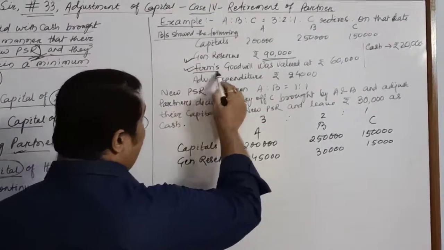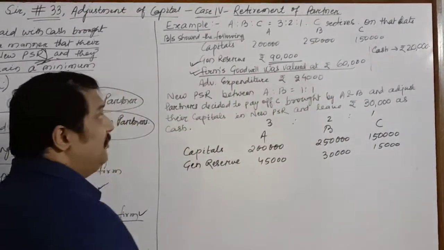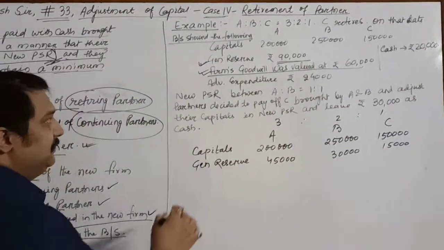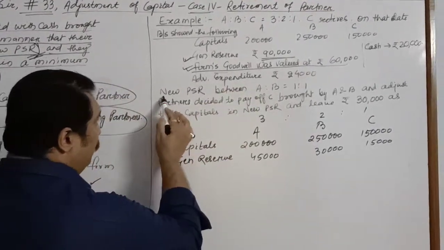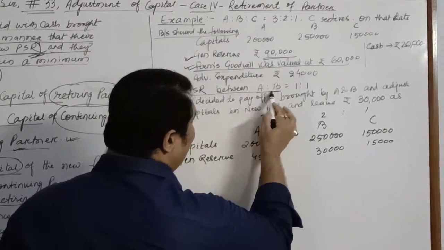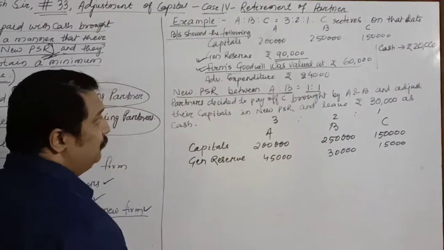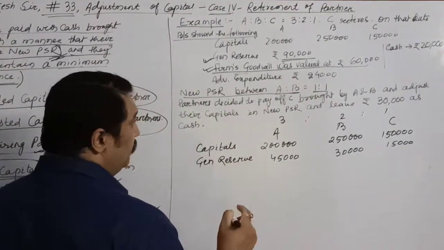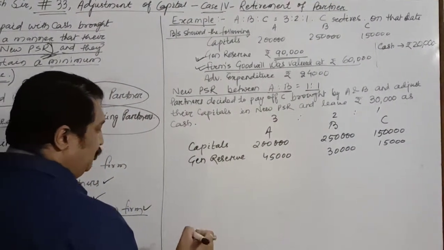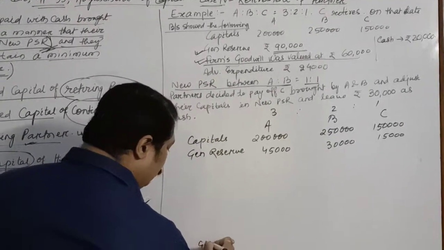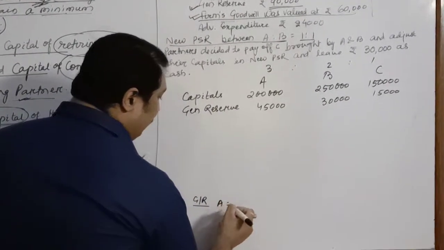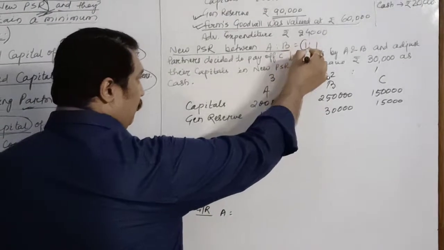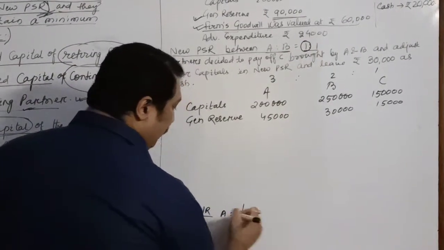Similarly, the next one is the firm's goodwill was valued at rupees 60,000. This is the firm's goodwill. And if you see over here, the new PSR between A and B is already given. C is retiring. So we have to find out the gaining ratio. So what will be the gaining ratio? Gaining ratio of A will be new ratio of A. What is the new ratio of A? 1/2.